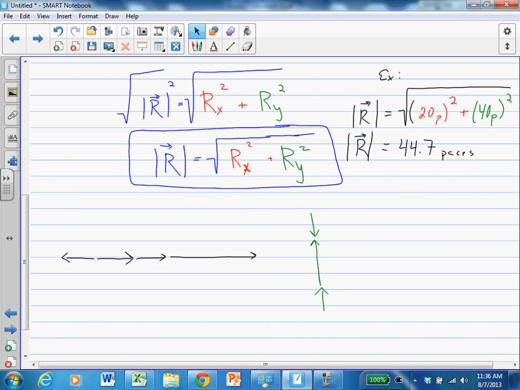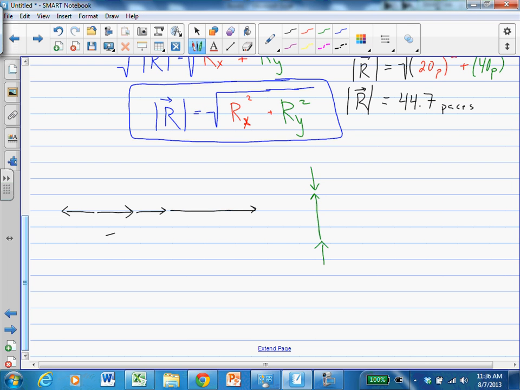So to sum the Rx's, that's what this means. It's a summation, meaning sum all Rx's. Over here, we're going to sum all our y's.